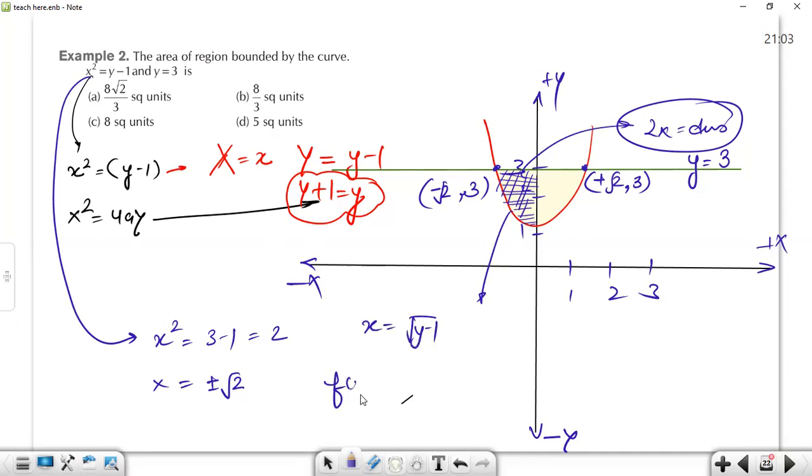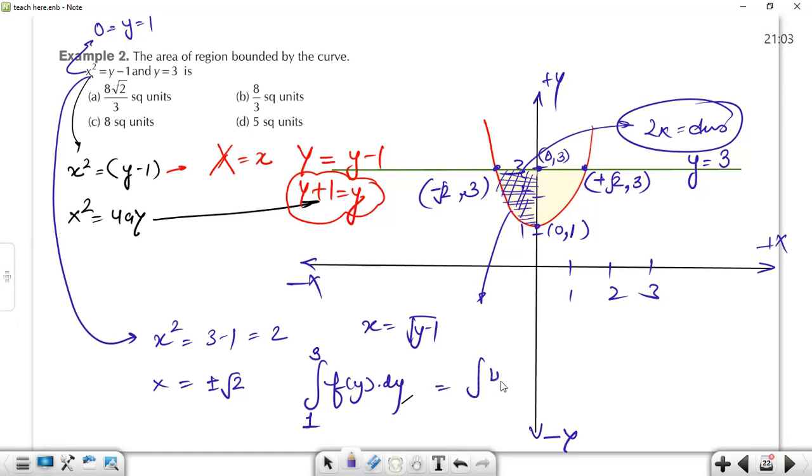So we have the function in terms of y, and let's integrate it from this point to this point. This is x equal to 0, y equal to 3. This is x equal to 0, and if we put x equal to 0 here, y will come as 1. So we are integrating from 1 to 3.